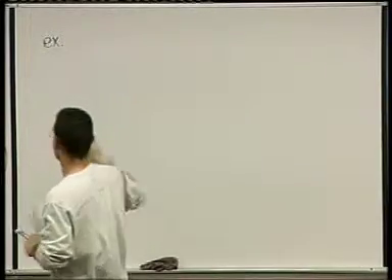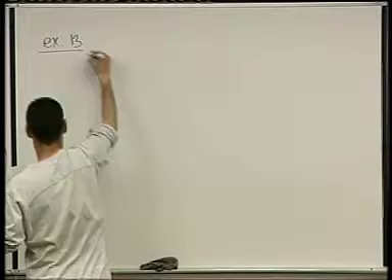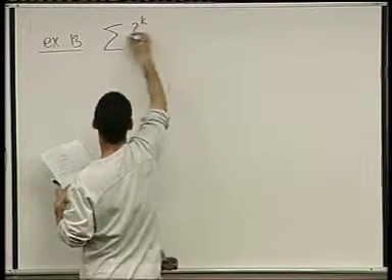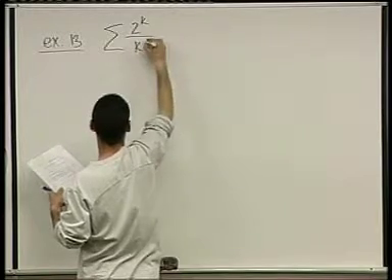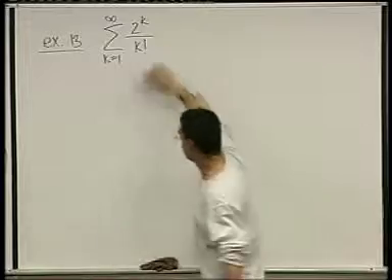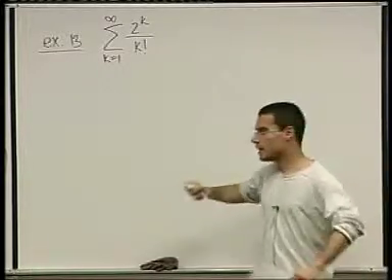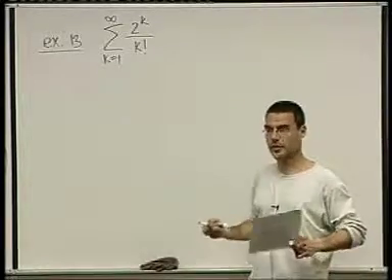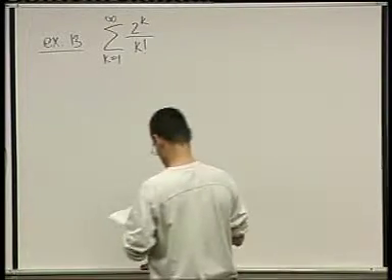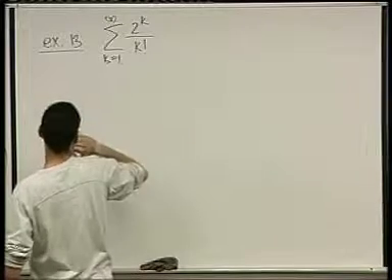Okay, so example 13. Let's look at sum 2 to the power k divided by k factorial. When you see factorials, that's when the ratio test is the ultimate tool. So I'm going to use the ratio test.